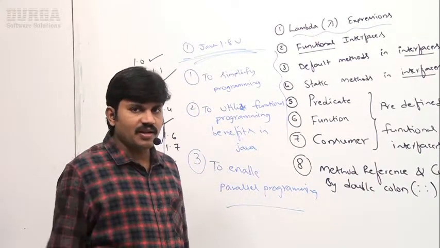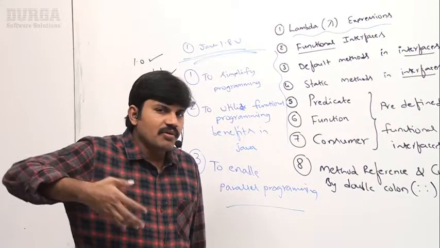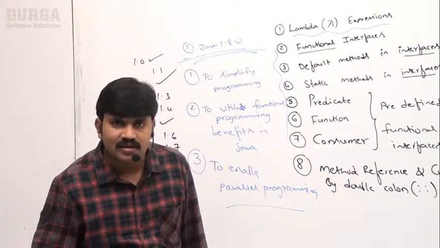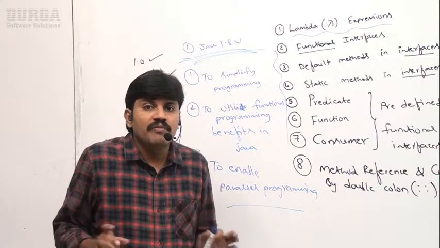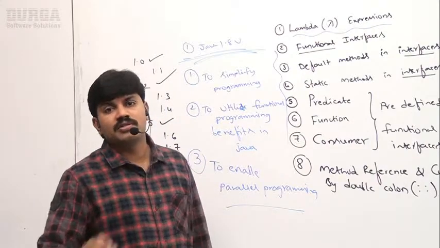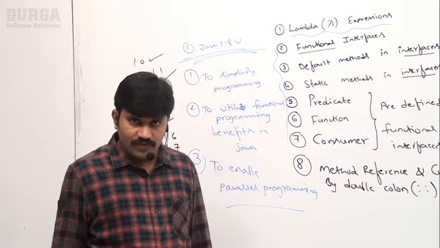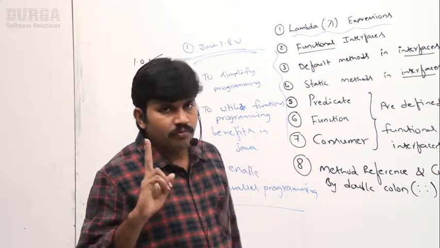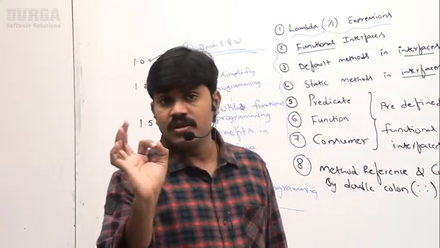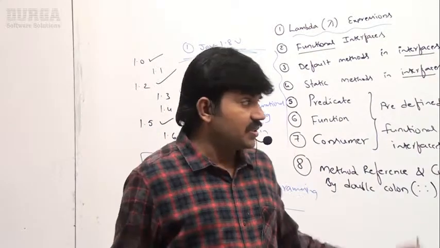A different style of coding is there. Once you are habituated to using the 1.8 version, you are never going to use 1.7 or older version code, right? Like that, our programming style is going to be simplified. Is it clear for all of you, right? So, two very important questions are covered in this discussion.